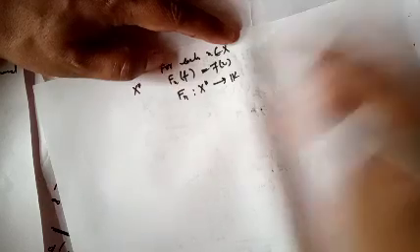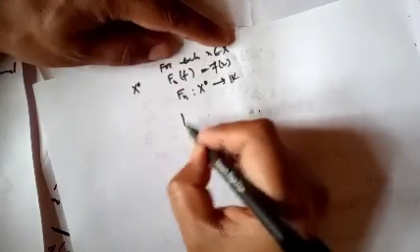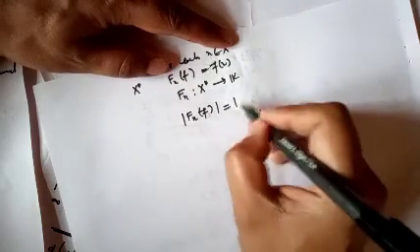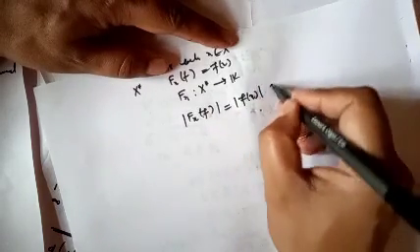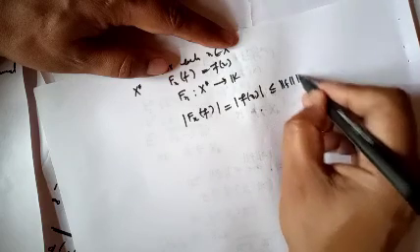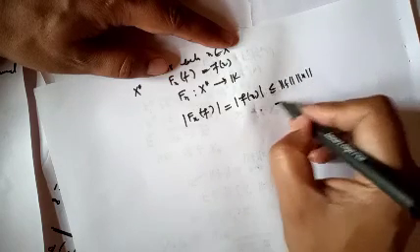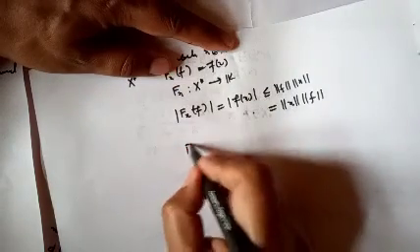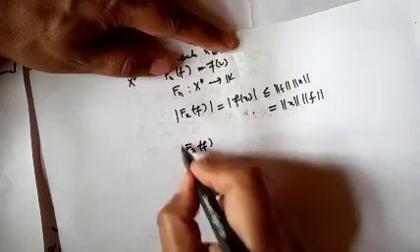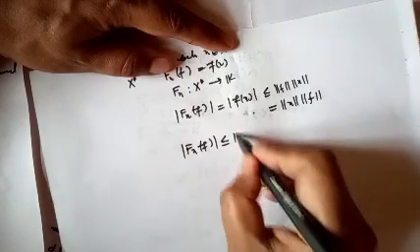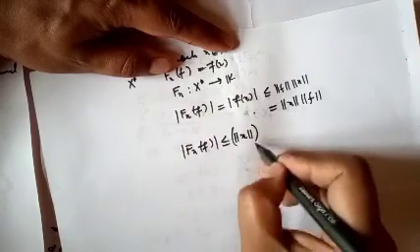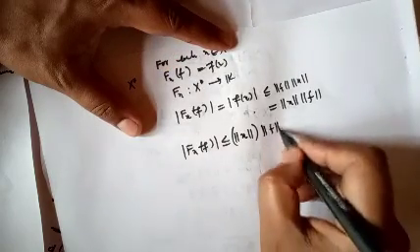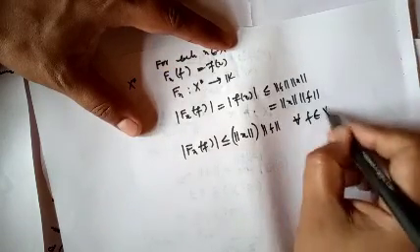Very easy to prove. Furthermore, mod of F sub x of f is the same thing as mod of f(x), but we know that this is less than or equal to norm of f into norm of x. Write it as norm of x into norm of f. What do I have? I've got mod of F sub x at f is less than or equal to norm of x, let me put it in brackets, this is a fixed thing because I have fixed x, into norm of f for all f belonging to x star.